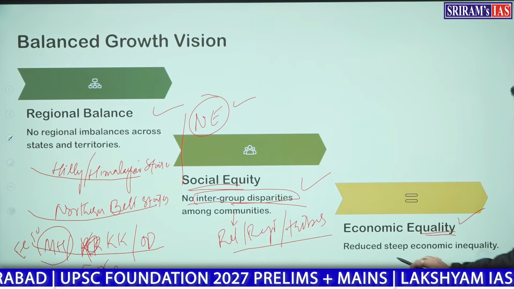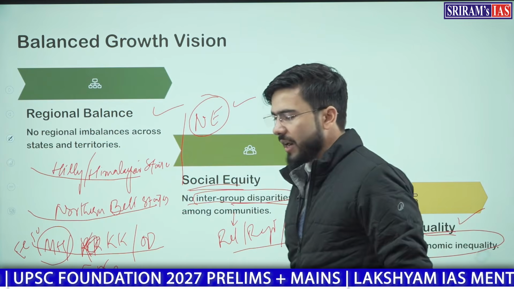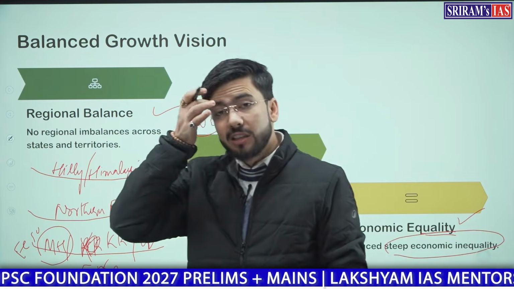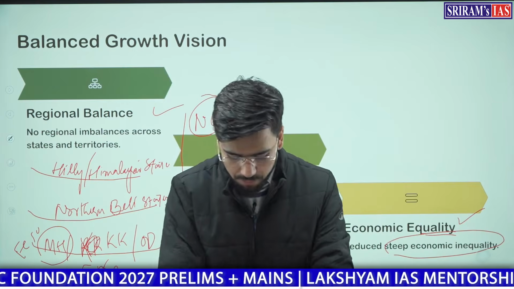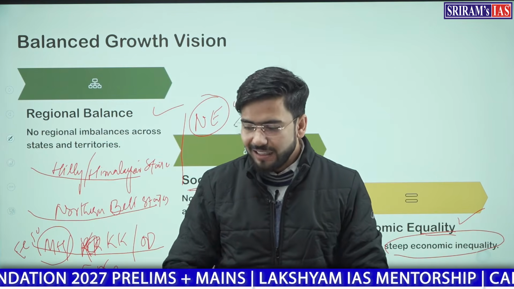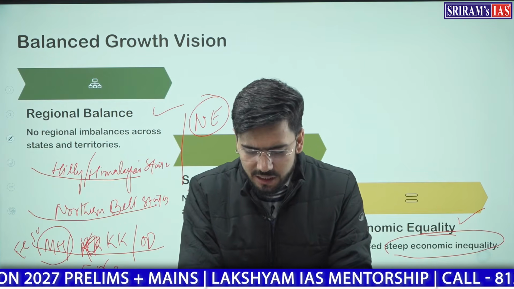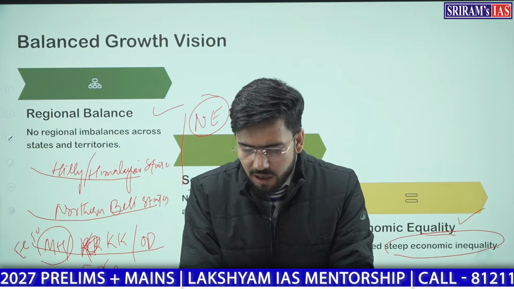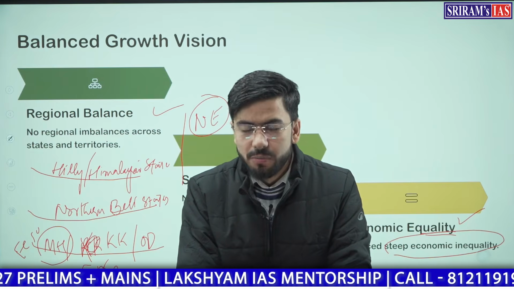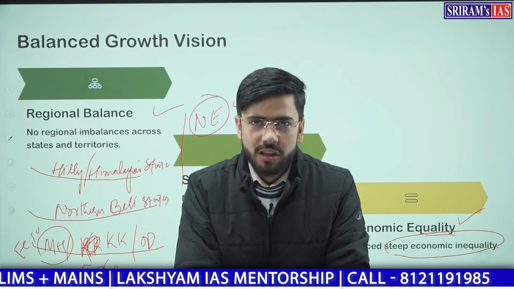Economic equality should be there, and we should decrease the economic inequality. And if you remember, this year's Wealth Equality Report of the World mentioned that India might be the fourth largest economy in terms of equality also. Why? Because our Gini coefficient actually improved.